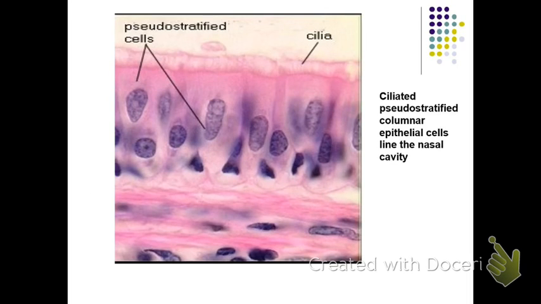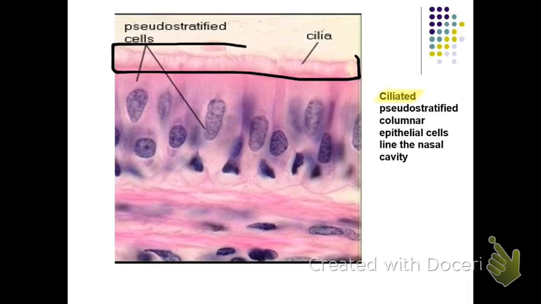And here is an image of the cells within the nasal cavity. You can see the cilia up in this top box right here, and then it's pseudo-stratified in through here.